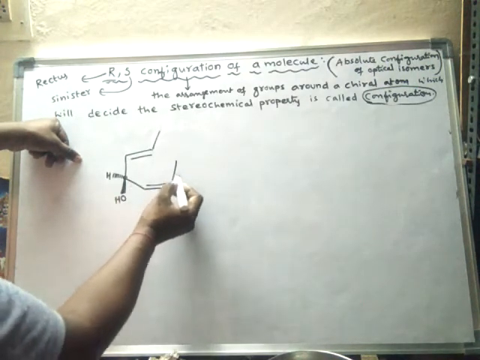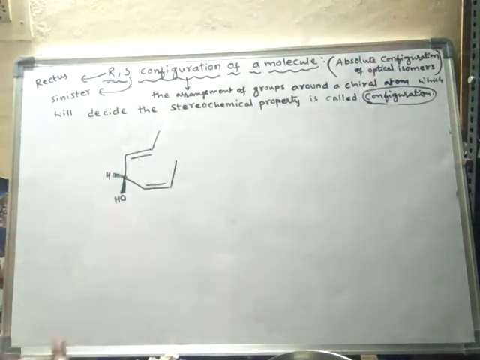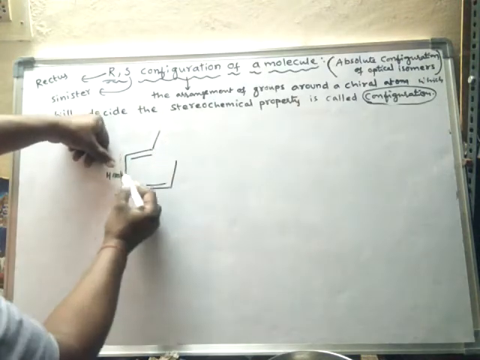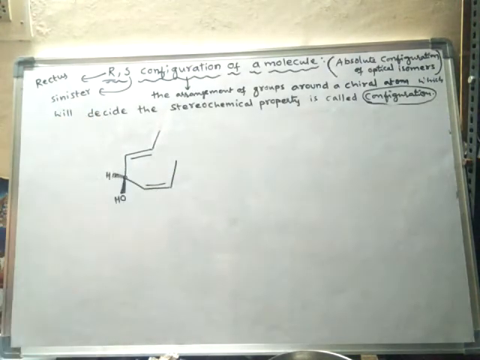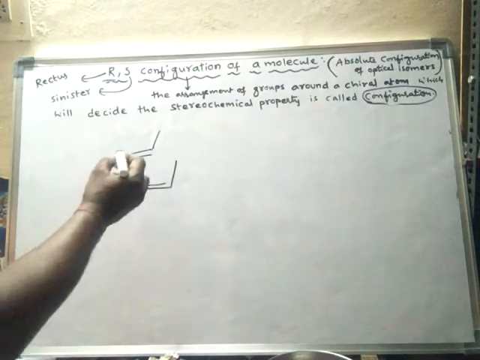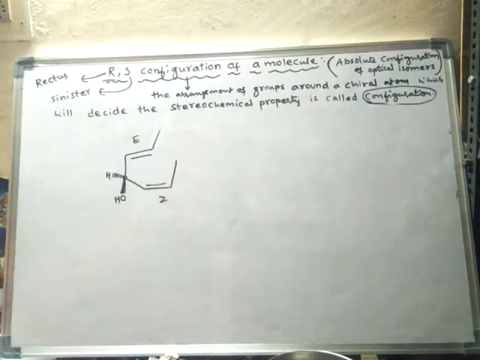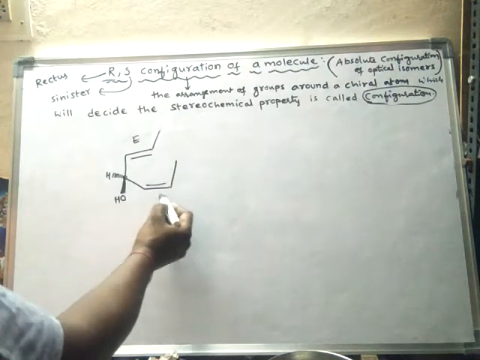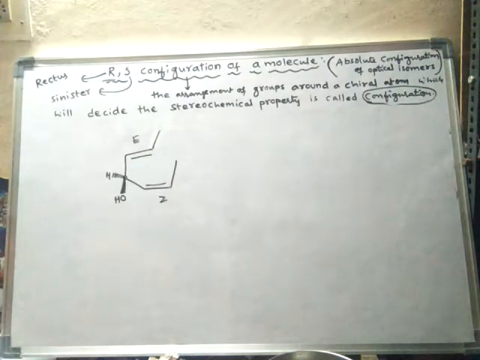This is called Z configuration because these two are towards the same direction. Zusammen means towards the same direction. And this is one direction, this is another direction, so this one and this one are opposite in direction. Hence, it is E configuration. So this group differs from this group in its configuration, hence these two are not the same groups.